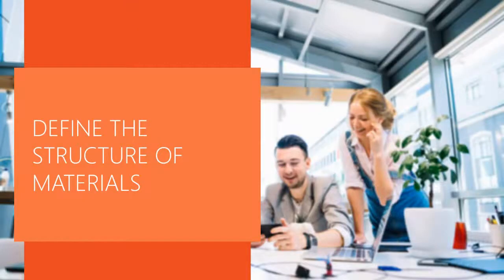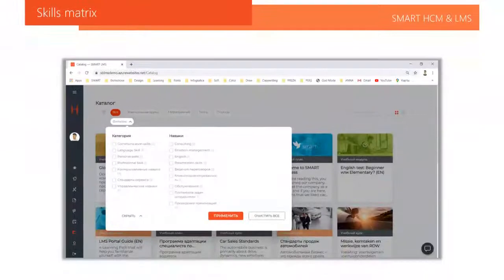Another part that I want to cover is to define the structure of the materials. In corporate settings, the structure of the materials is the skills, so the skill matrix of your company. Every material has to be assigned to some skills, because a job profile is described by skills and the level of the skills for an exact position.